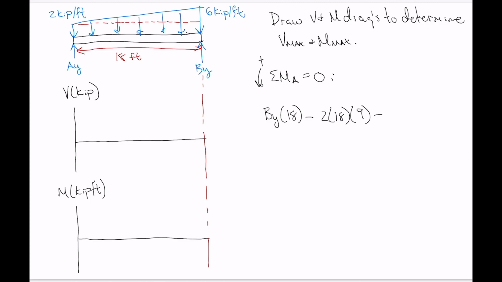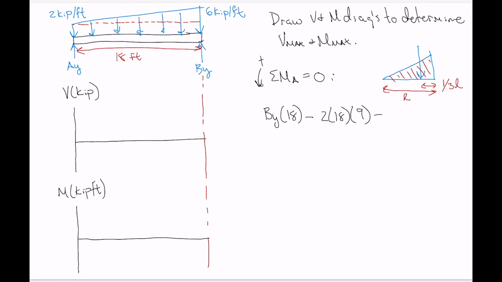And then for the triangular portion, whenever you're dealing with a triangular distributed load like that, the resultant is the area within that triangle, and that resultant is always located at a distance of 1/3 of the base length of the triangle from the large end. So if the whole base length here is distance L, then that distance from the large end of the triangle is 1/3 of L. Okay.